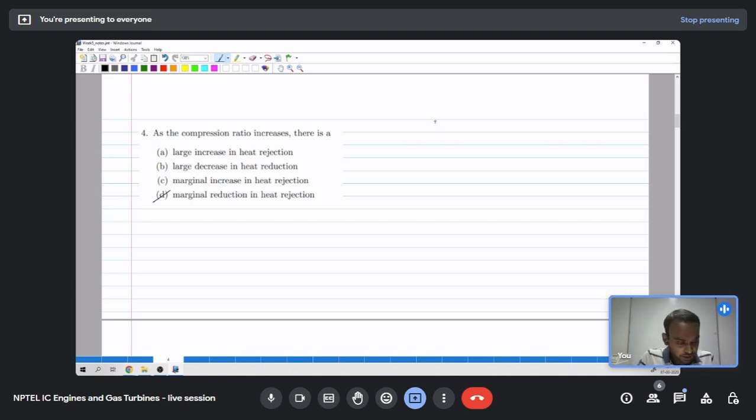So when you consider a PV diagram, I'm just considering an ideal cycle, ideal air standard cycle. So when you have a cycle which is compressing from 1 to 2, and then you have constant volume heat addition, then you have constant volume heat rejection.